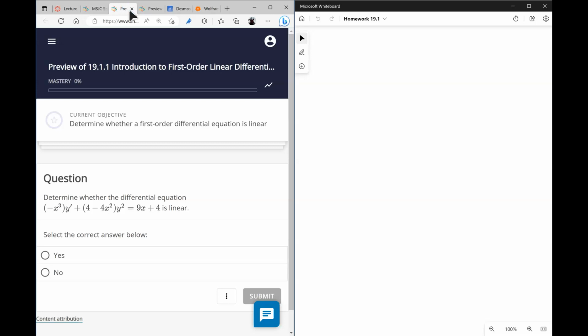And here we have to determine whether a given differential equation is linear or not, and only those differential equations are called linear that have y prime plus, well, here we can have some function in front, plus some function of x times y, and all that set equal to some function of x.